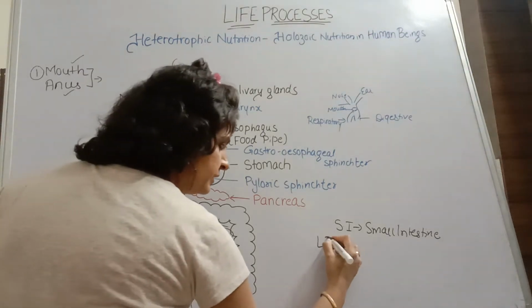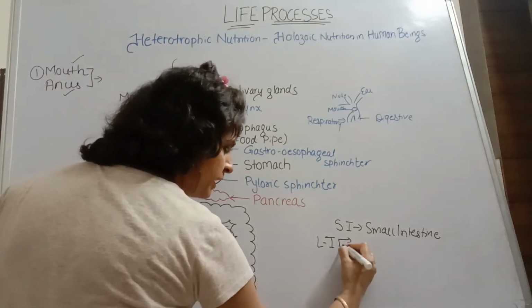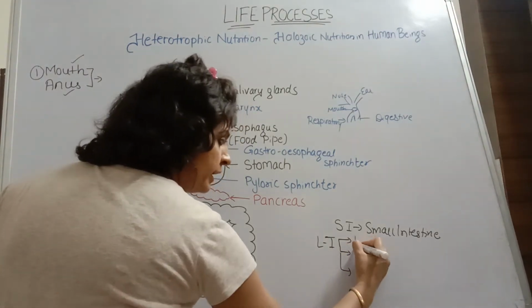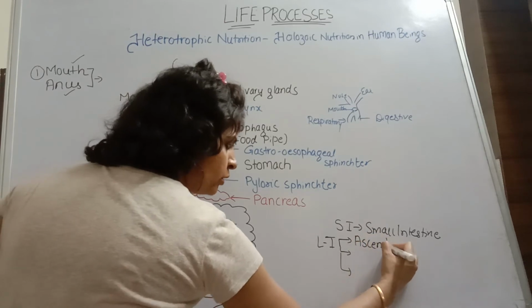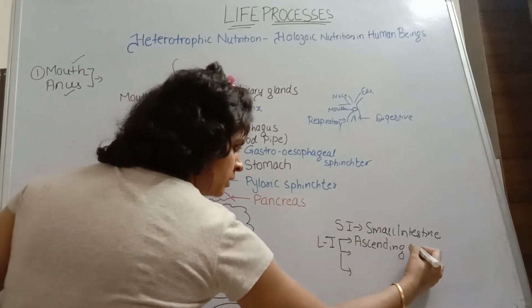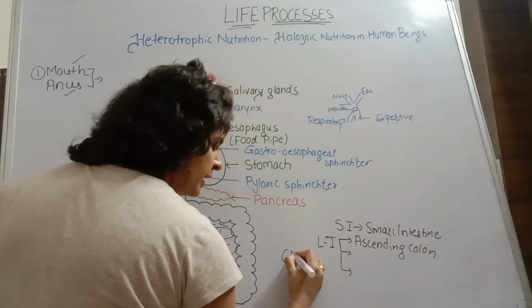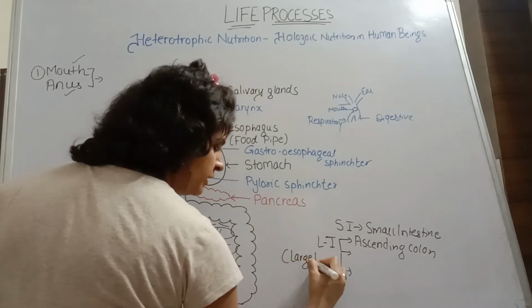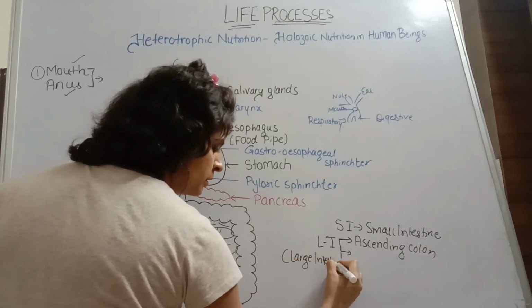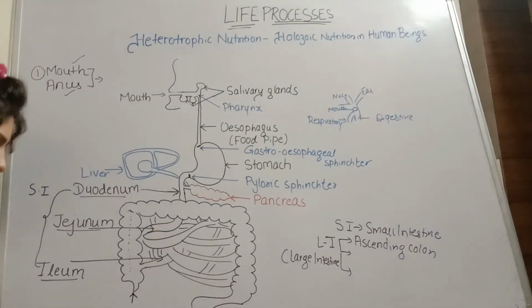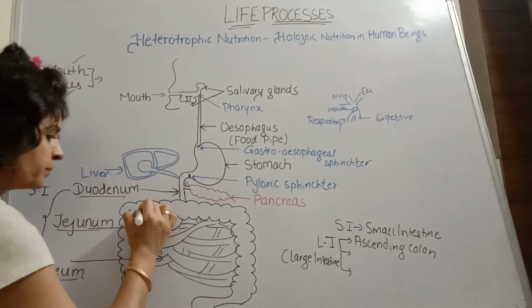So the large intestine is again divided into three parts. It is known as the ascending colon. Here LI refers to the large intestine. The ascending colon means moving up.